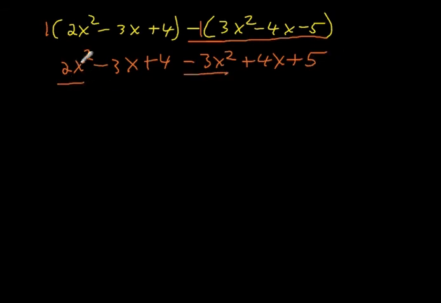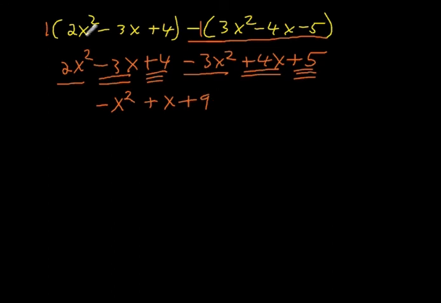So now I see I've got 2x squared combined with a negative 3x squared, that is negative 1x squared. I have a negative 3x combined with a positive 4x, that is a positive 1x, and then I have a positive 4 combined with a positive 5, that is positive 9.